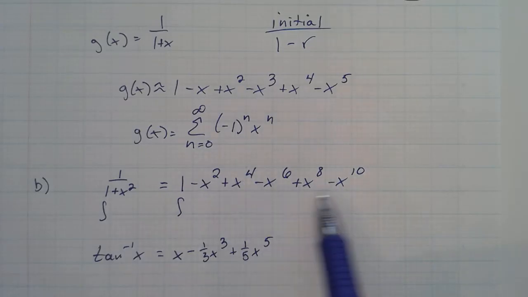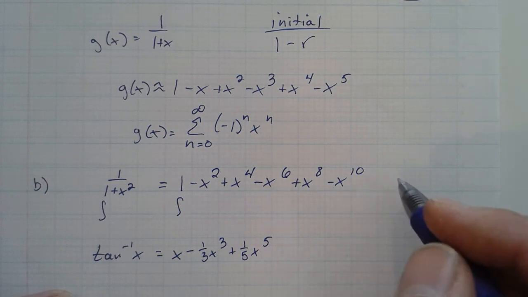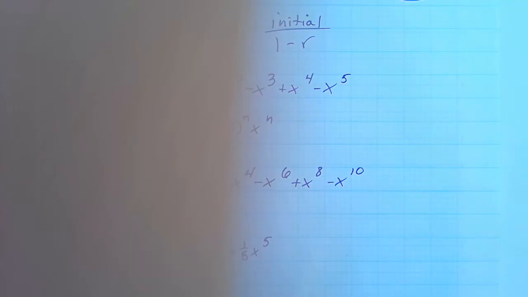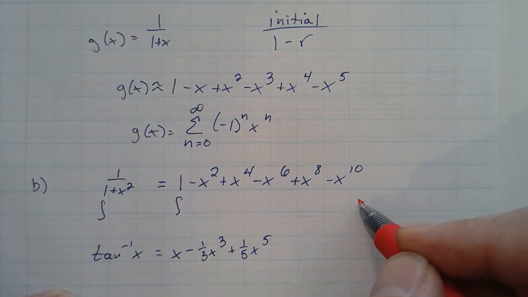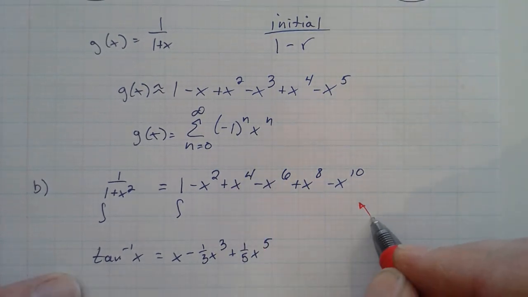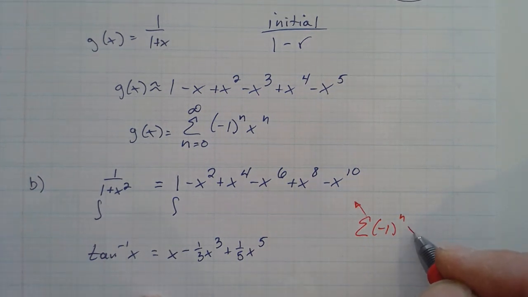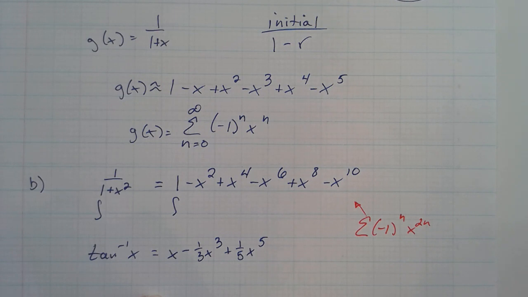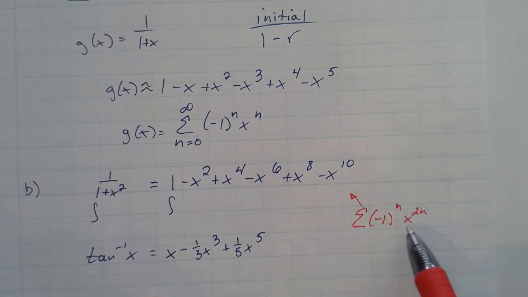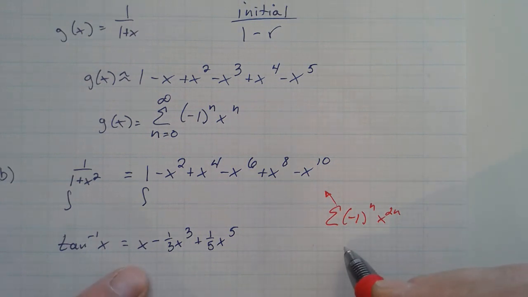If you wanted a general form, we never wrote this as a general form. It's the same thing as the earlier series, but with x squared. So it's negative 1 to the n, x squared to the n, or x to the 2n. If we're going to integrate that, the negative 1 floats.